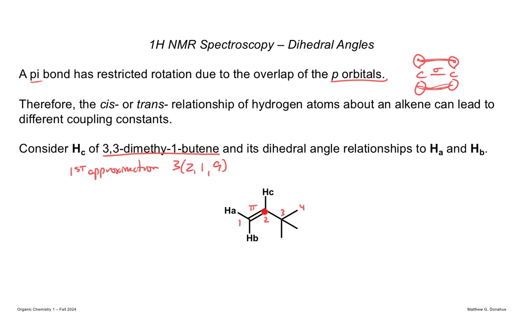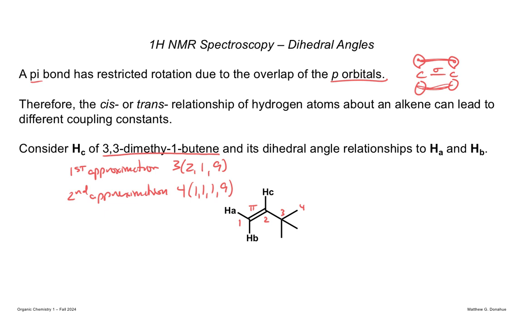However, due to the restricted rotation of that pi bond, hydrogens HA and HB are not the same. And so we need to revise to a second approximation, where we have 4 unique sets. And now those hydrogens on carbon 1 are both unique. So we have 1, 1, carbon 2, and then the 9.